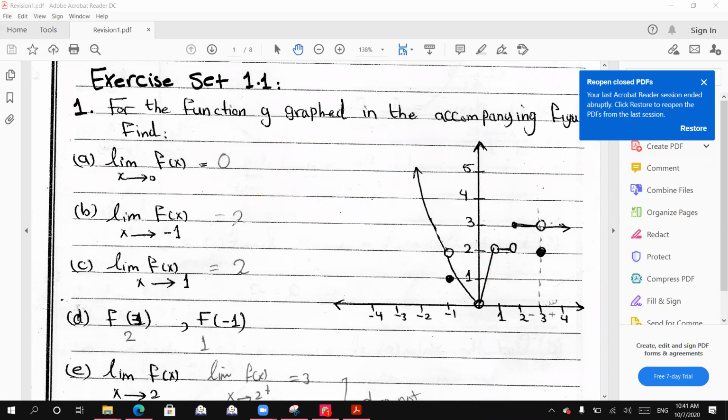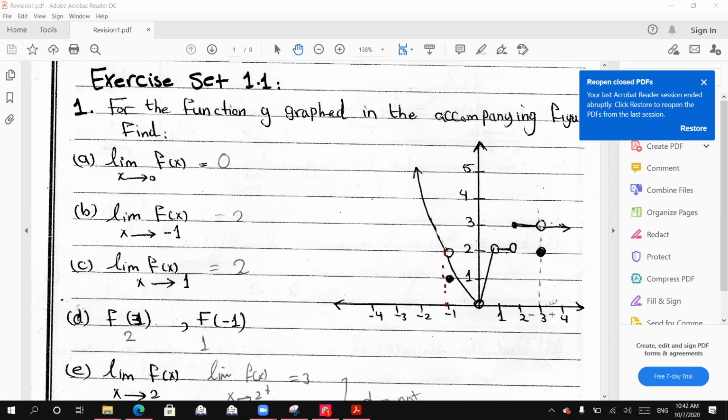Yes. Now, let's do B. In B here, I want to find limit f of x, but when x approaches -1. Look at -1 here. Because -1 is a two-sided limit, I need to find -1 from the right and -1 from the left.